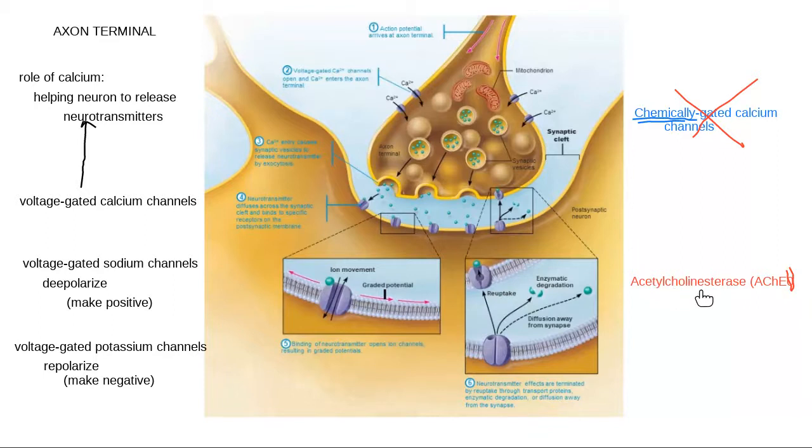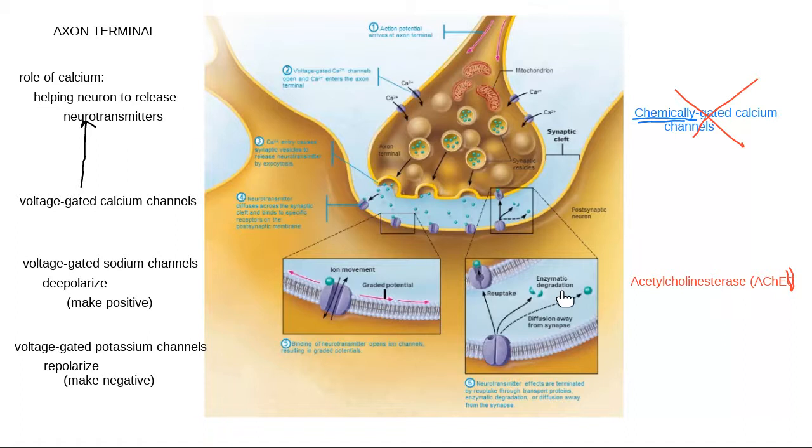This one only breaks down acetylcholine. When neurons talk to each other, they can speak more than one message. So if the message we're speaking is acetylcholine, sure, we can use that enzyme. If we're a different neurotransmitter, we'd use a different enzyme for that as well. So one thing I can do when I'm done hearing a message is I can chop up that message so I don't hear it again.